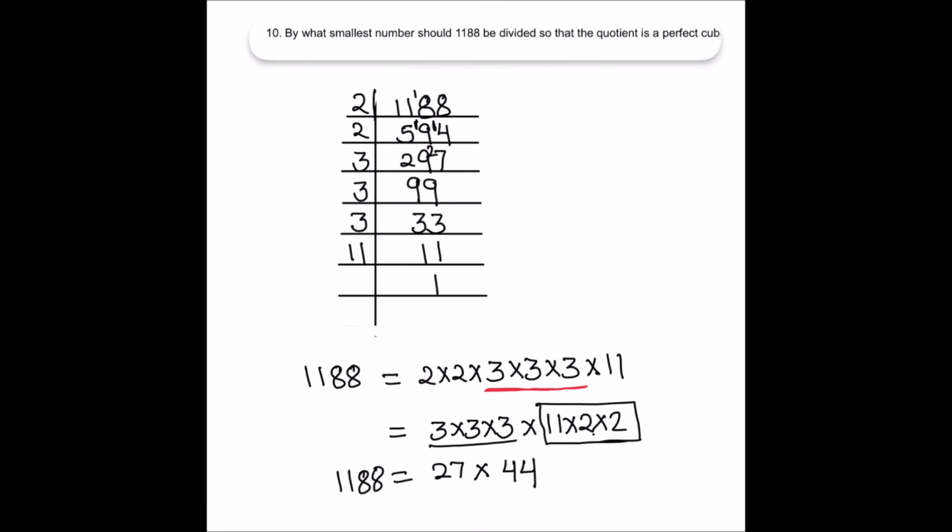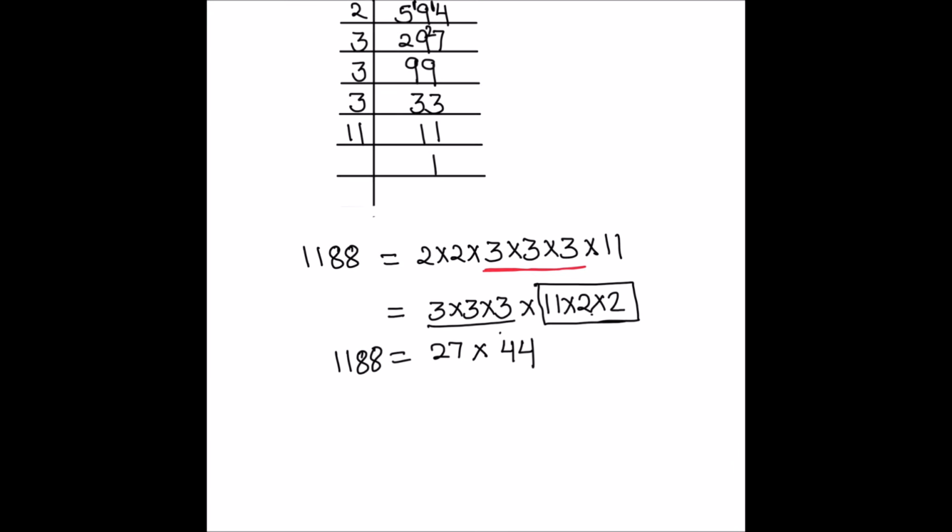To make it a perfect cube, we are going to divide this whole thing by 44. We need to divide 1188 by 44 to make it a perfect cube.